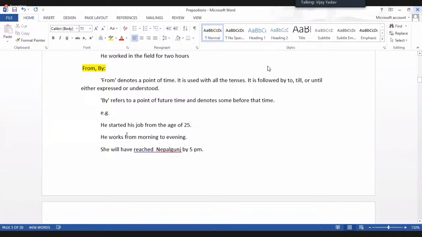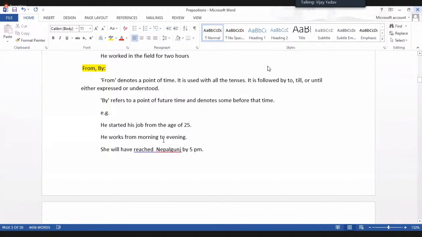For example, he started his job from the age of 25. Isn't it? He has started his job from the age of 25. It means he is still doing it. In this sentence, to, till, until are hidden. But here, he works from morning to evening. So from morning to evening, from followed by to.